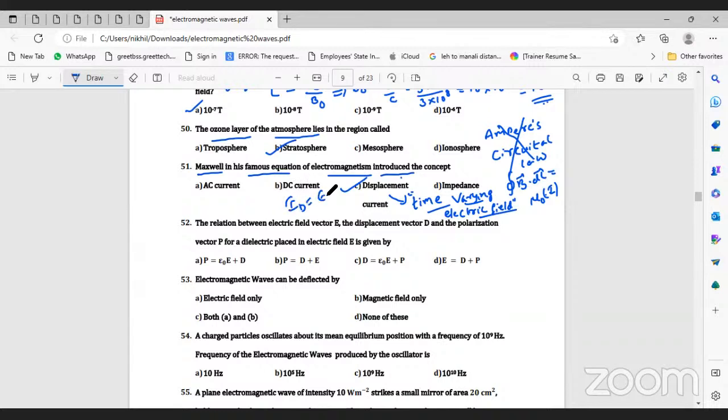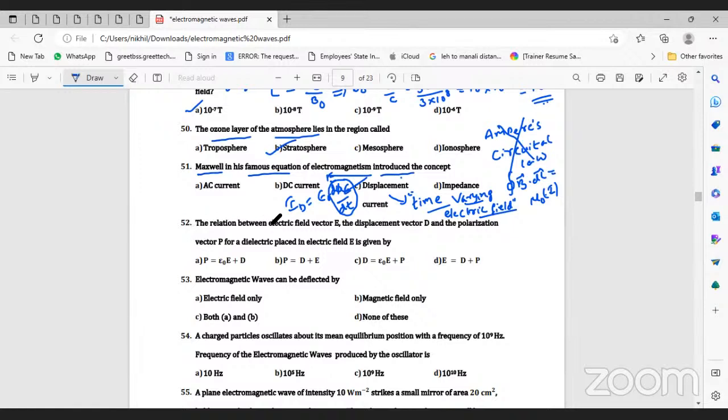Displacement current is given by epsilon naught into d phi E by dt, where phi E is the electric flux, so epsilon naught into d phi E by dt.